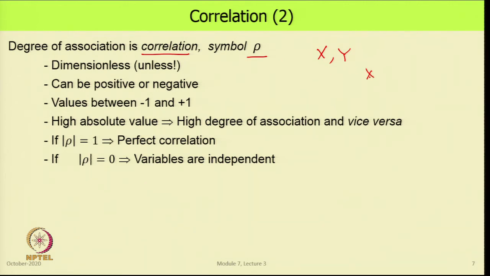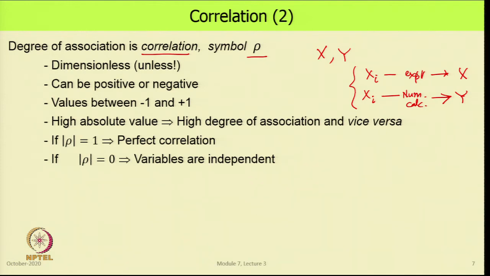So, it could be a parameter xi, one coming from experiment, and this we call x, other is the same parameter xi, but coming from a numerical calculation, this we denote as y. So, in this case rho will then be dimensionless, but if we are correlating xi with some other parameter which has some other dimension, or with some result which has some other dimensions, then rho will not be dimensionless, but generally one does not do that.